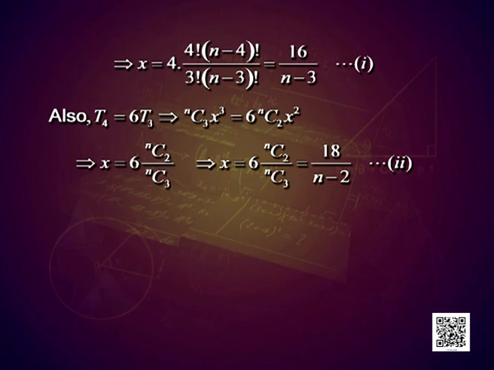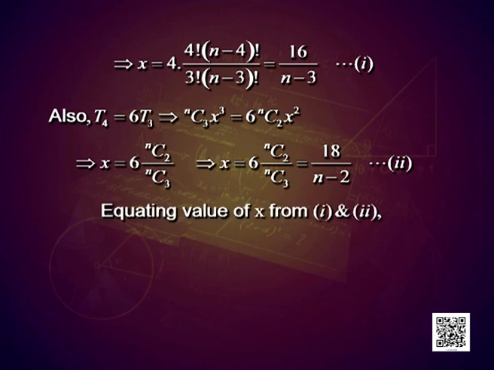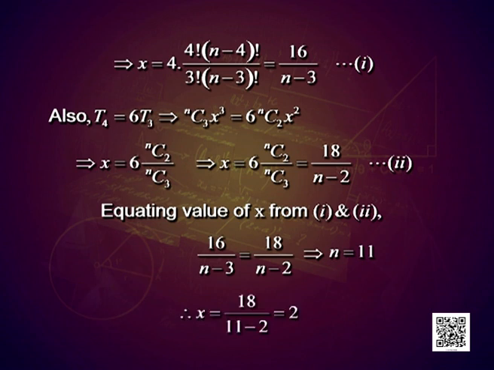So, you have two values of x, but we are talking about the same x. So, from 1 and 2, I can equate the value of x, which gives me the value of n. So, solving 16 by (n minus 3) equal to 18 by (n minus 2), I get n to be 11.